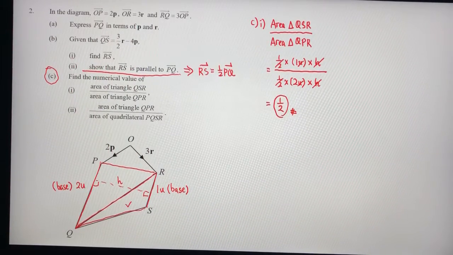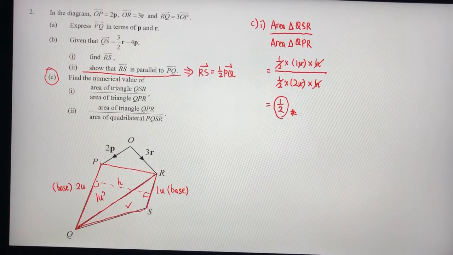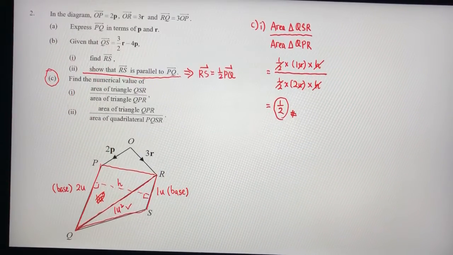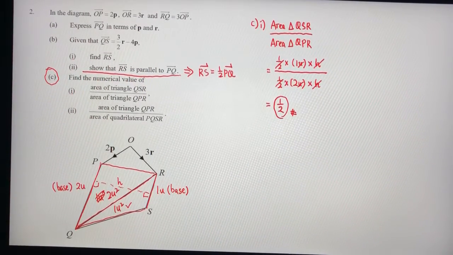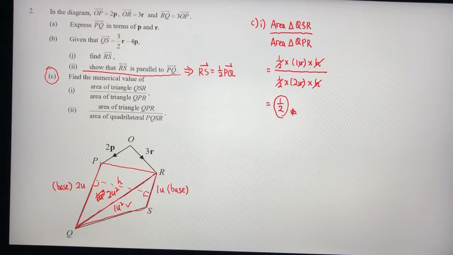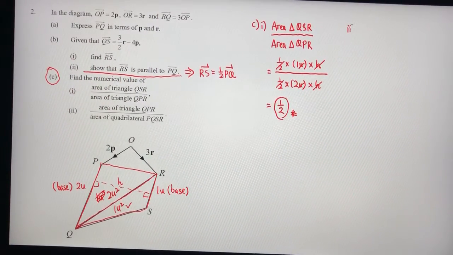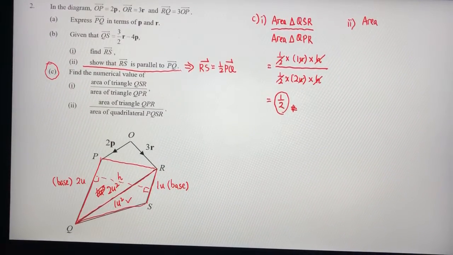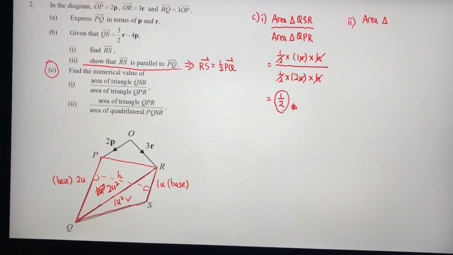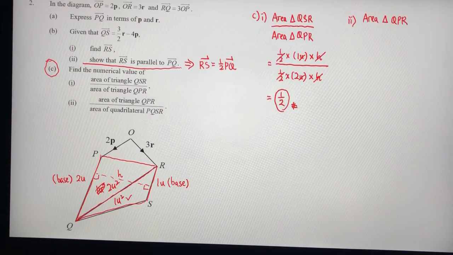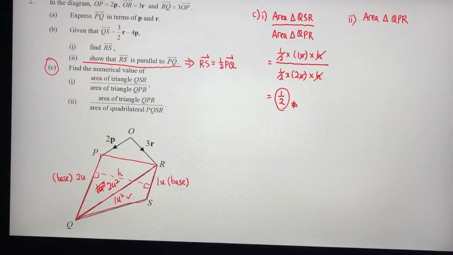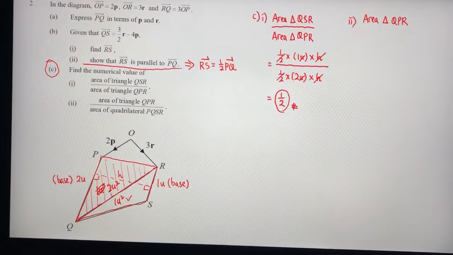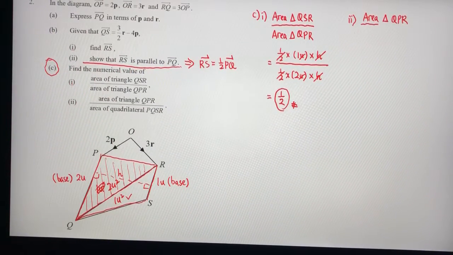Now what does this half tell us? Of course, over here we can say that triangle QSR is worth 1 square unit, and therefore the area of QPR is worth 2 square units. So in answering part 2 of part C, which is the area of triangle QPR over the area of quadrilateral PQSR.